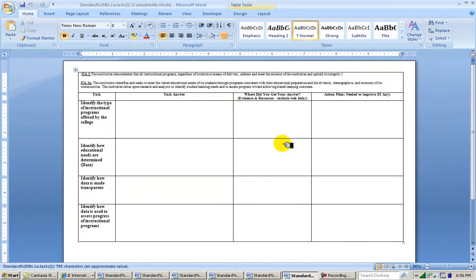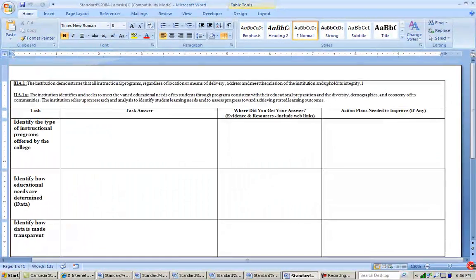So if we take a look at this particular standard, and I'm going to make it a little bigger so we can see it, we have up here listed the actual overall standard and then the specific standard that you're asked to answer. Notice that just based on this standard, it's very difficult to know exactly what they want.